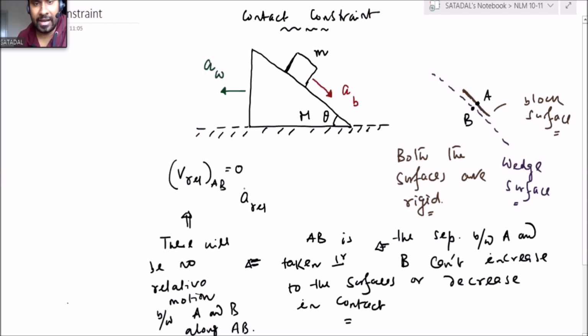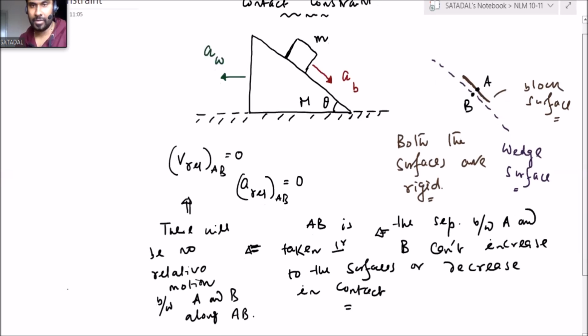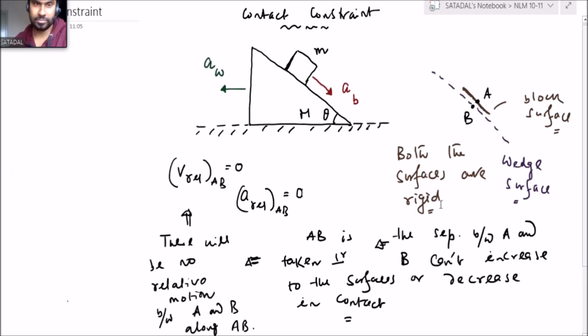So A relative along AB is also equal to 0. Clear? My dear friends, please respond.